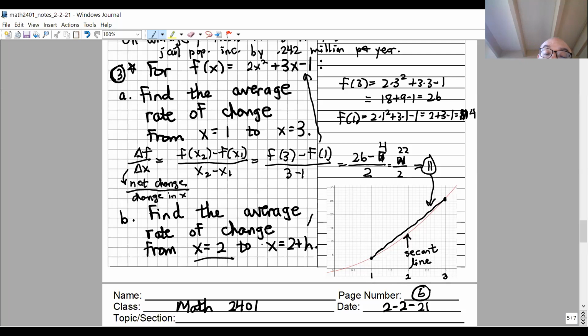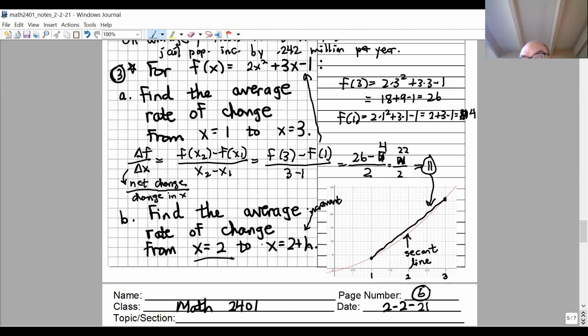By the way, this number h, we're going to use this a lot, and I'm going to call this the increment. So we're going to compute the average rate of change starting at 2 and then going over to 2 plus some variable increment.